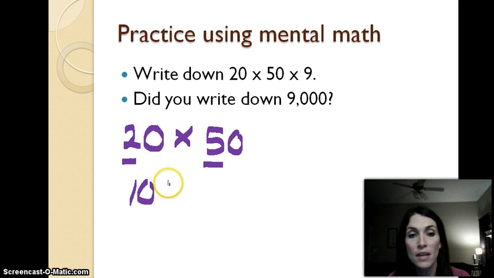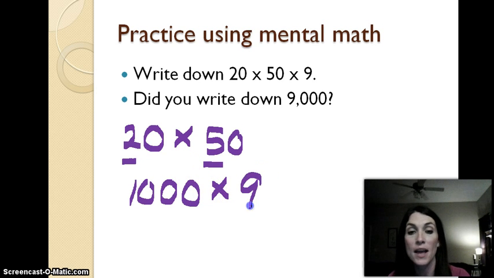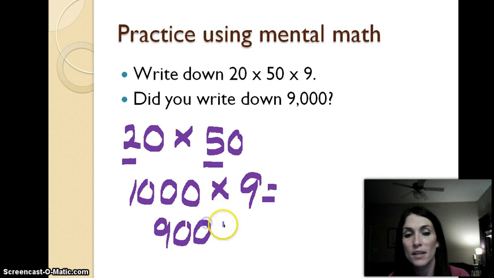And then I would bring down the other 2 zeros, which is 1,000. Then mentally, I could multiply 1,000 times 9, which would equal 9,000. And I'm just writing that out so you can kind of see my thinking if I was to do this as a mental math problem.